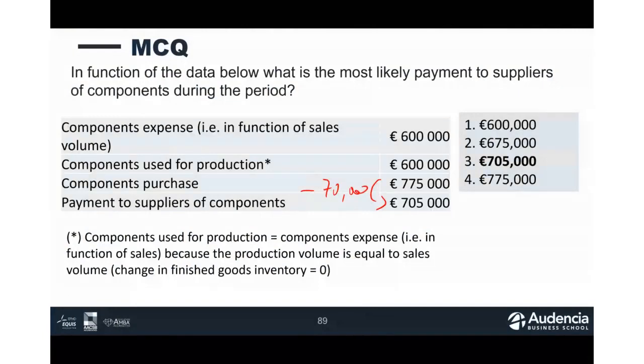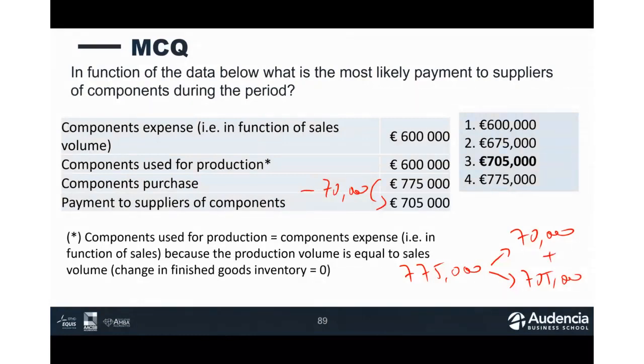Two ways, if you purchase for 775, one way is to pay later, you increase your liabilities, or the other way is to pay. So the cash outflow plus the increase in liabilities is equal to the purchases. So finally, the payment to suppliers of components is 705,000. Answer number 3.